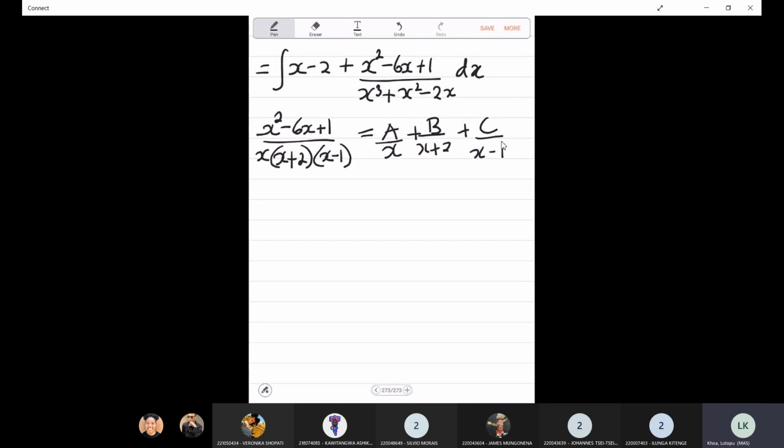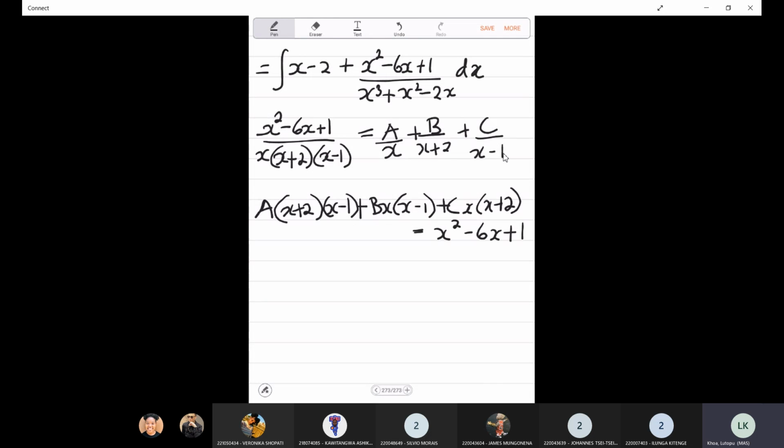Okay, then combining these fractions, we have a multiplied by x plus 2 and x minus 1, then b multiplying by x and then x minus 1, c multiplying by x and x plus 2, and this must all be equal to x squared minus 6x plus 1.